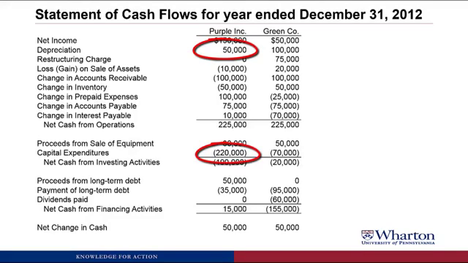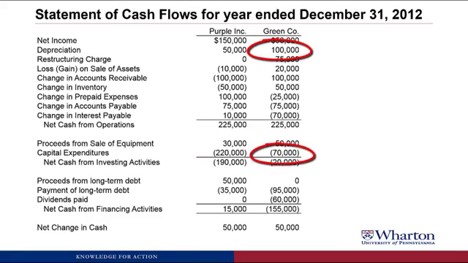They're investing a lot more in new equipment than they're using up old equipment. When we look at Green, we see $100,000 of depreciation and only $70,000 of CapEx. So Green is not even investing enough to replace its existing use of equipment. That would indicate that Green does not have a lot of good growth prospects.